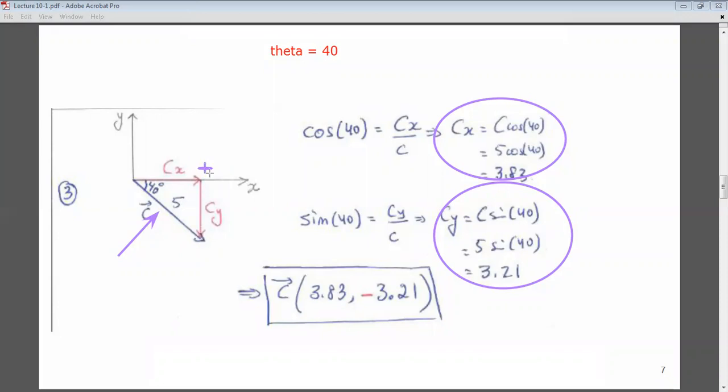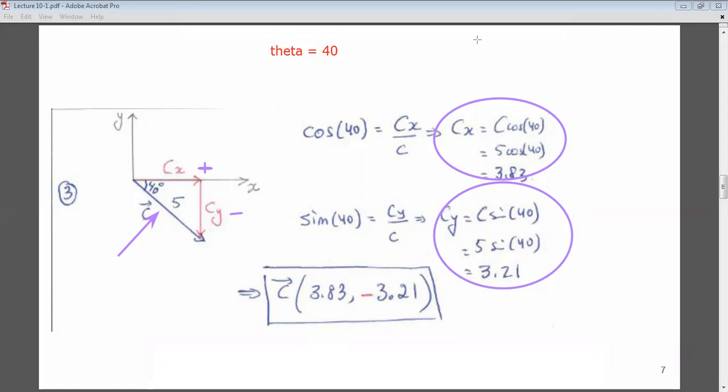However, CY, it's downward, so it is negative. So I come here and I say CX is 3.83. However, CY is minus 3.21 because it is going downward.